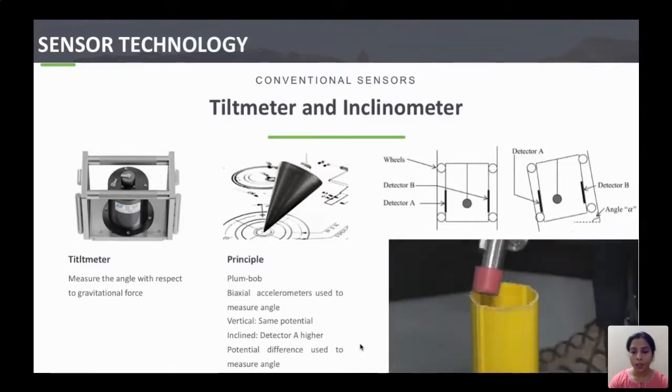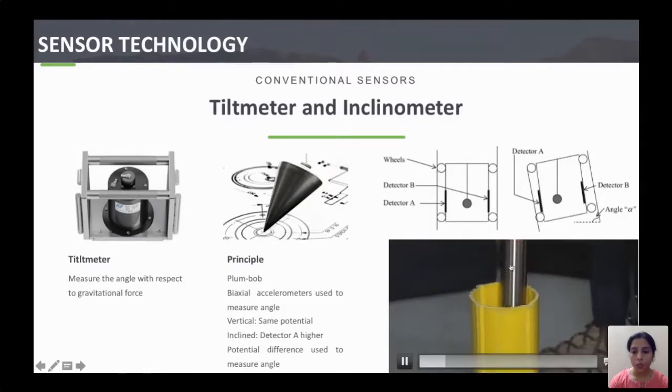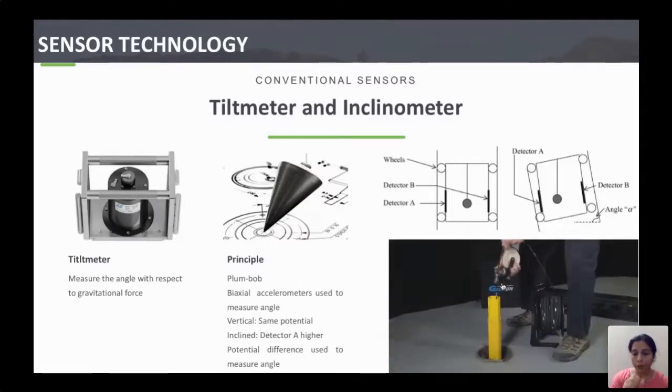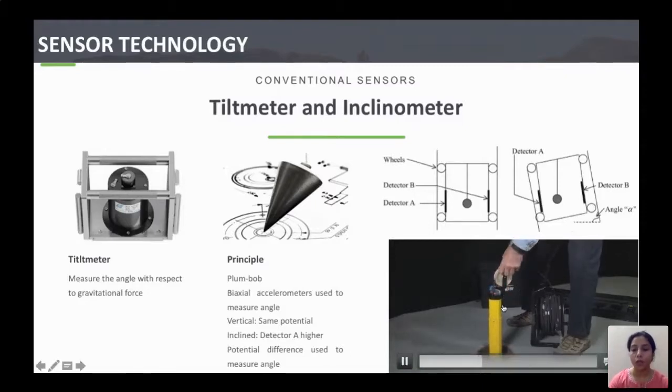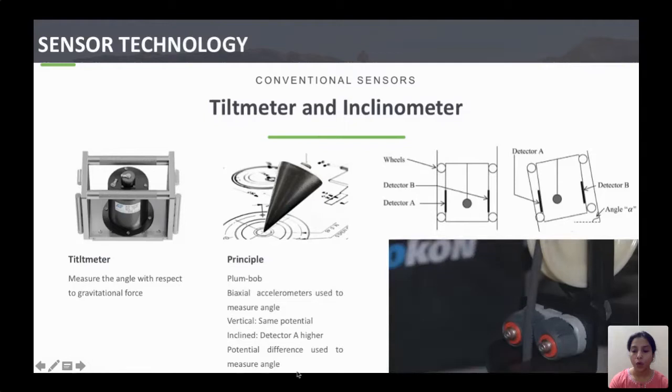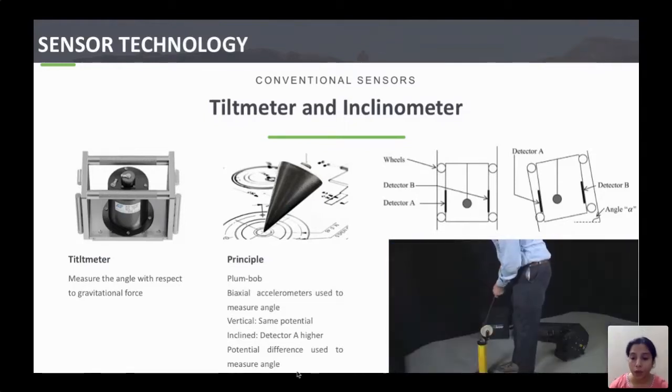So actually this is the sensor. These are the wheels, and the wheels are used to keep the sensor in place. This yellow casing will go throughout the wall of the well foundation.